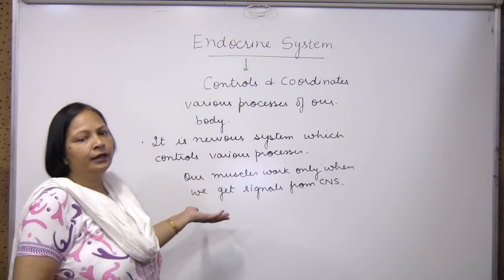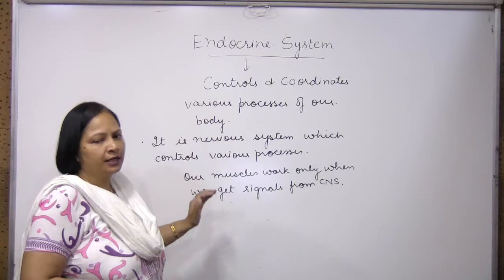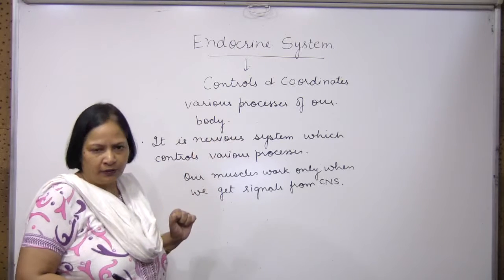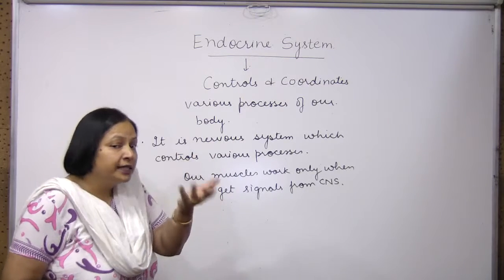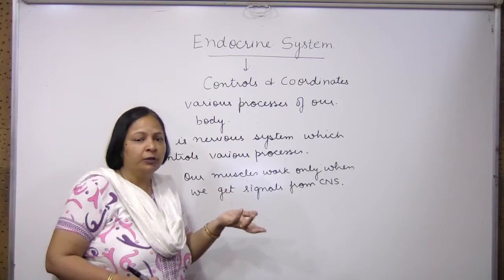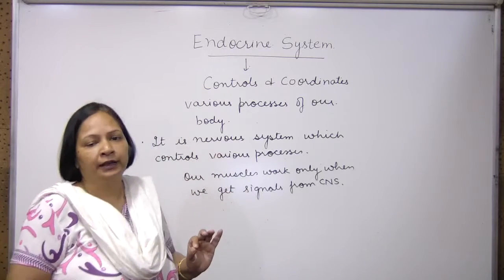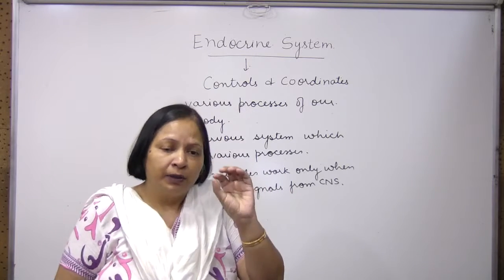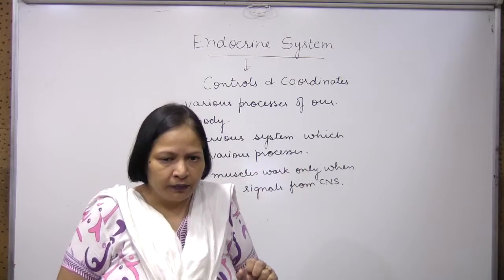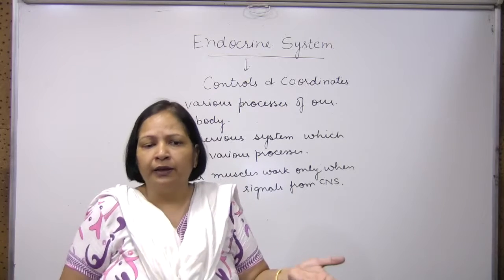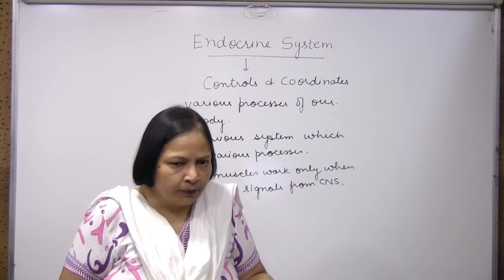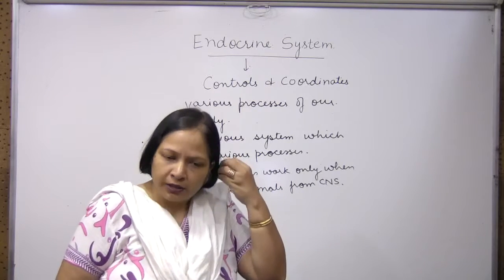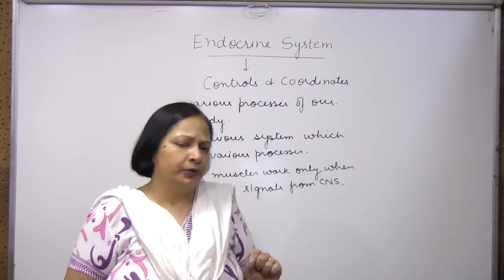Digestion occurs only if our digestive system gets signals from the nervous system. If a particular part of the brain gets damaged, even if there is no injury in the eyes, the person becomes blind. This is because it is the brain which controls our vision. It is the brain which controls the hearing process and all processes.